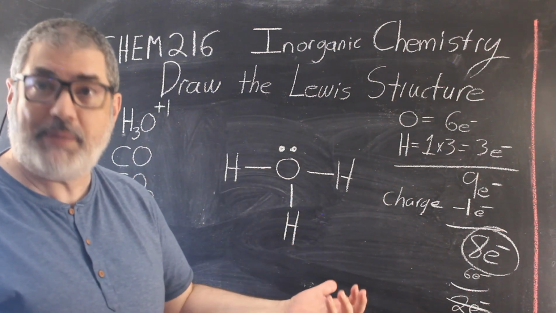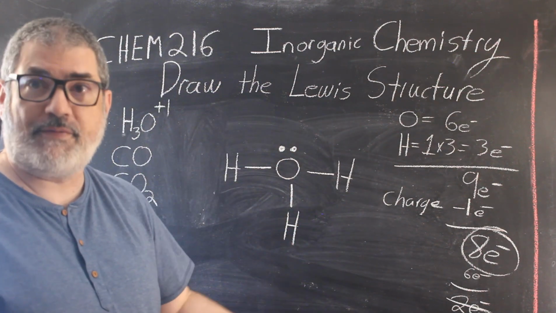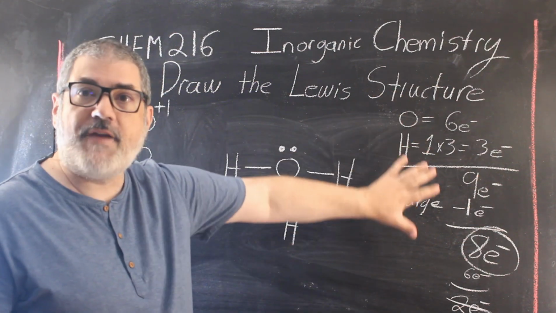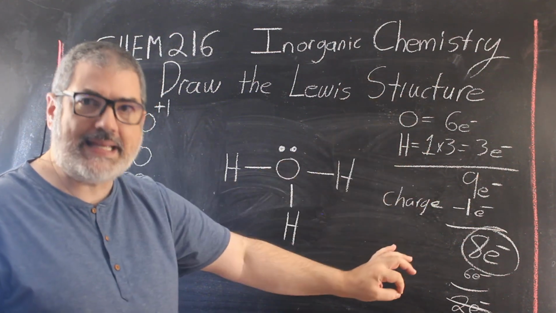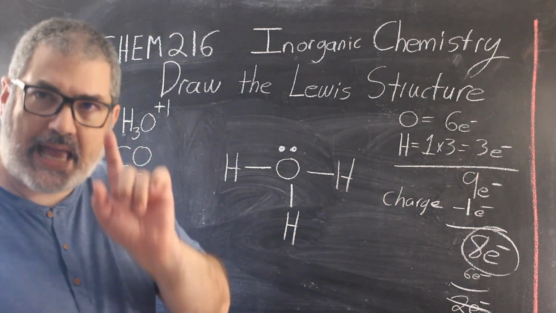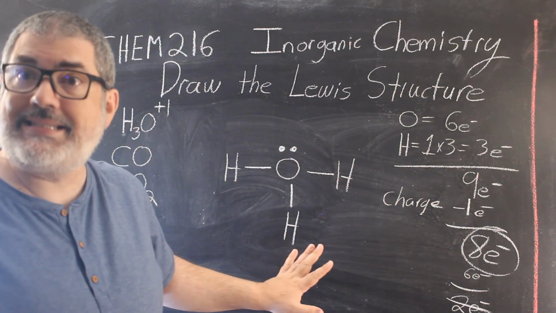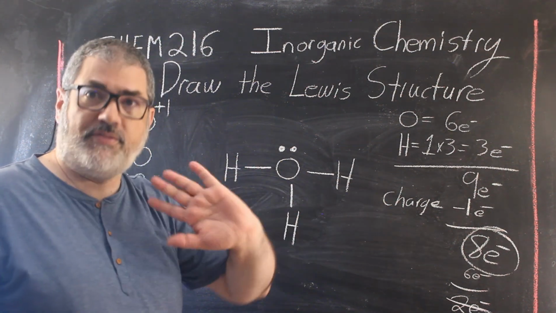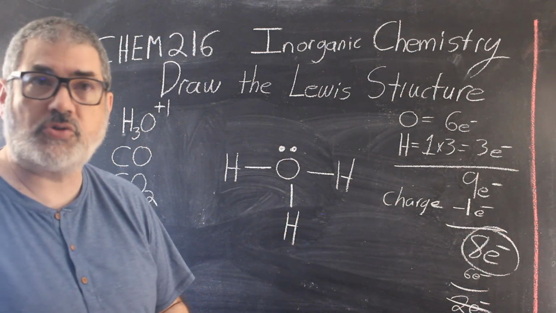But you can't do that because you don't have 40 electrons, you only have 32. So again, take the time to be very systematic: write out the electron count, draw your structure, and make sure it's consistent, right? Again, 2, 4, 6, 8. I've used my 8 electrons, octet rule is satisfied, everything's great.